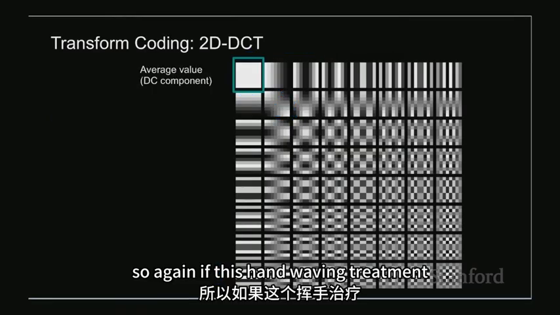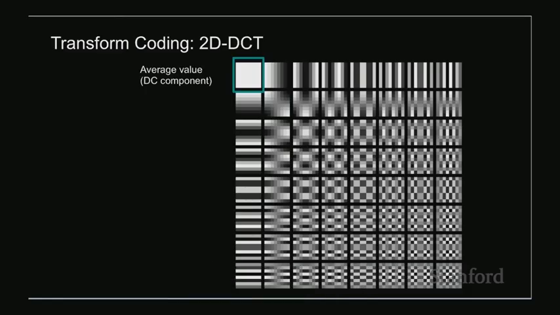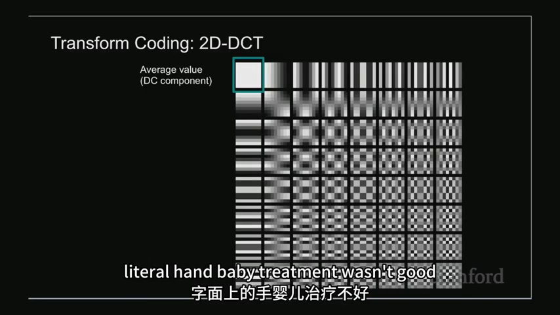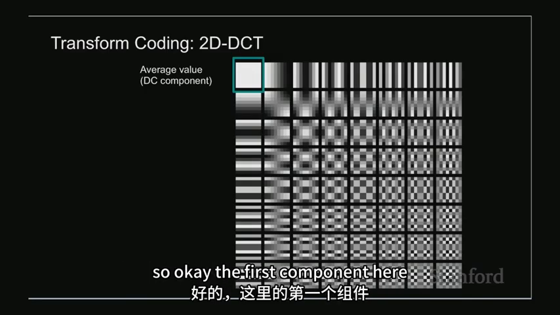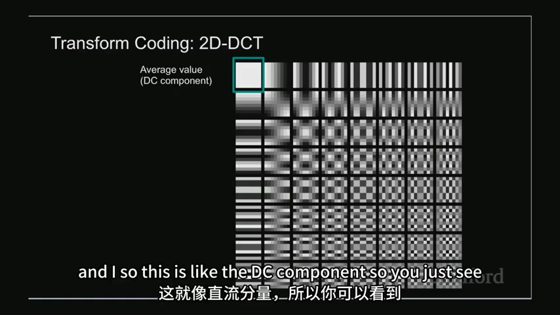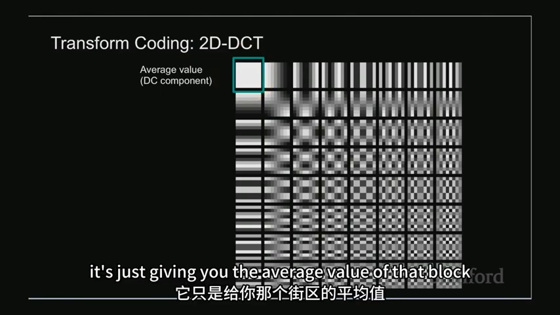So again, this is a hand wavy treatment. The first component here, the first matrix, is just the average value again. So this is the DC component. You just see it's pure white. It's just giving you the average value of that block.